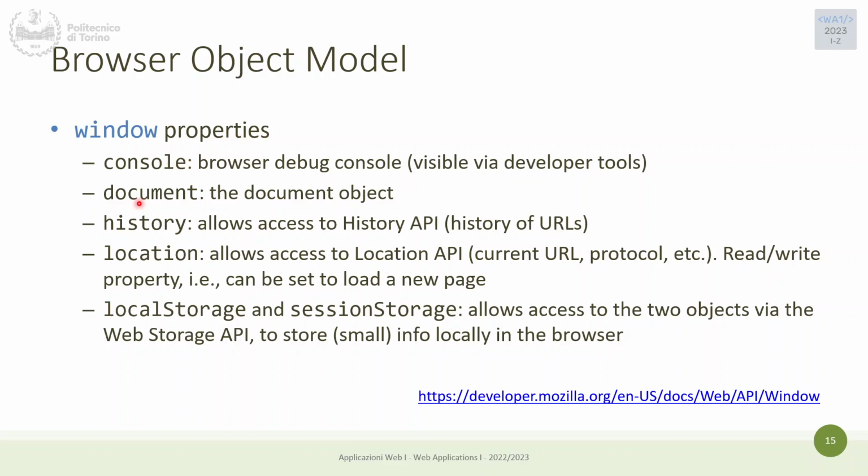This maybe could be a bit surprising for you, but console is an object associated to the window. So you can write console.log something, or you can even write window.console.log something, and they work in the same way. Considering that the BOM is not standardized, this is a surprising coincidence that all the browser developers agree to use this syntax for logging.